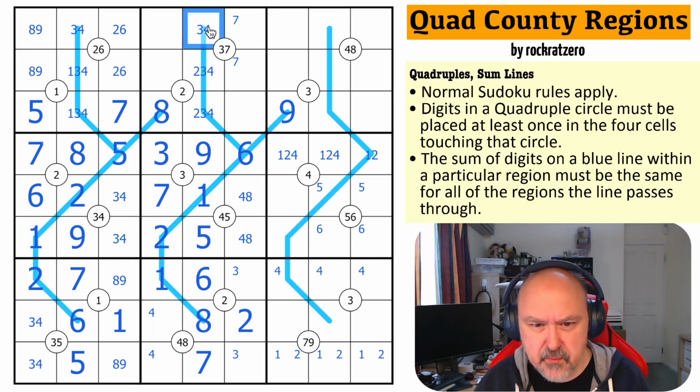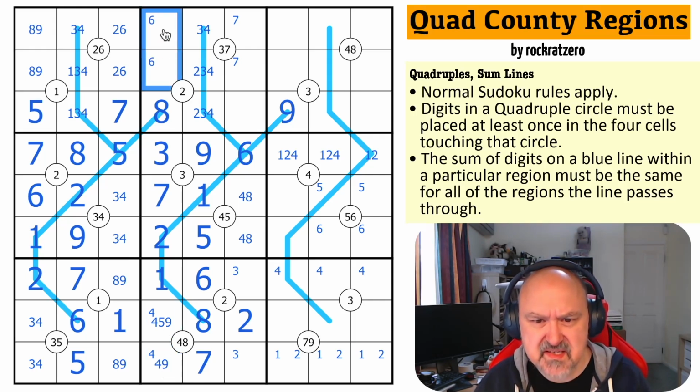I don't know why I ended up putting a 2 back up there. 1, 2, 3, 4, 5, 6, and 9. 4, 5, and 9 are down here. There's no 5 there. This is just 4, 9.